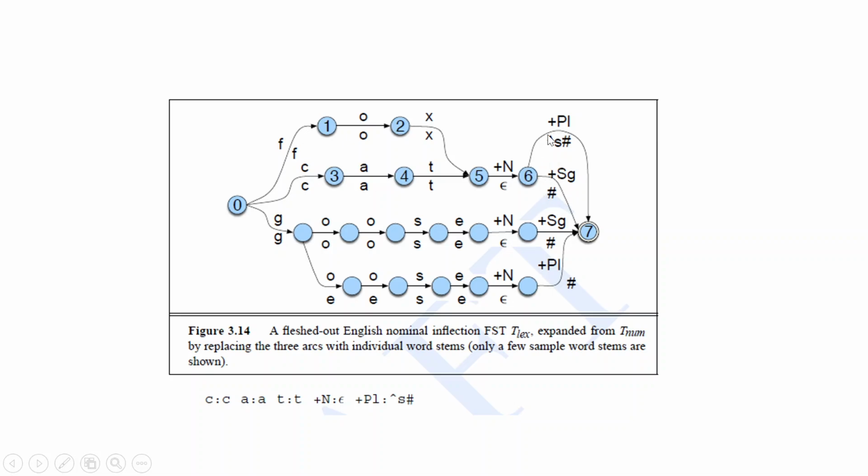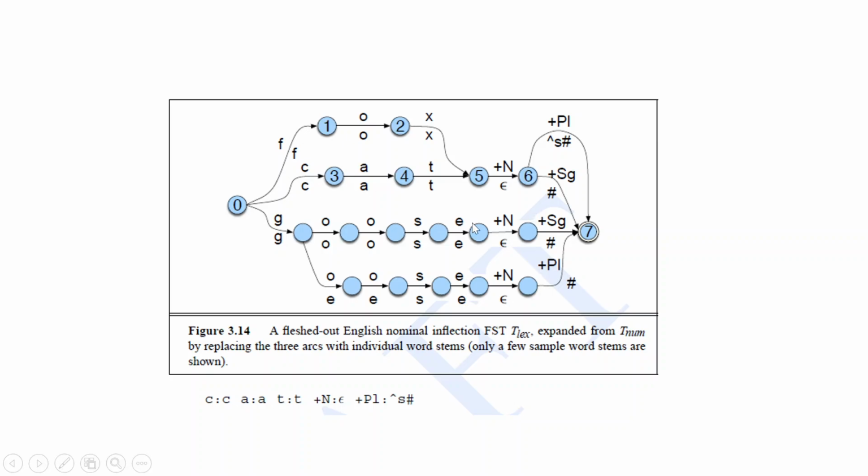Now instead of that, if you come across the end of morpheme s and the end of word symbol, then you output plural and so on. And here for fox, we are assuming the plural is also foxs, not foxes. We'll come to that later. The foxes part we are coming to next.